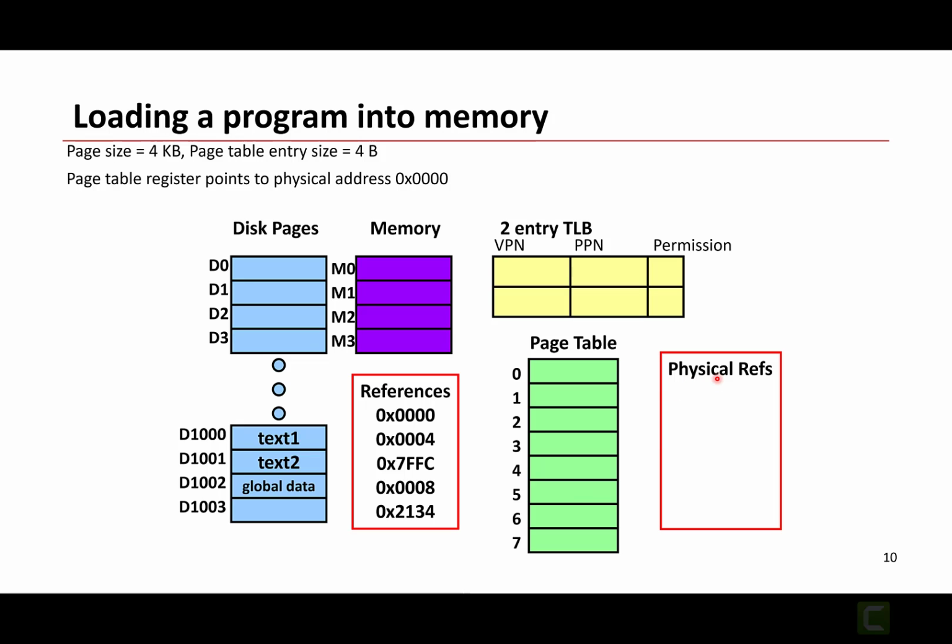And the physical references is the reference or the address that I would get after translating these virtual addresses into physical addresses. So these are virtual addresses that are generated by the program when it executes in your pipeline.